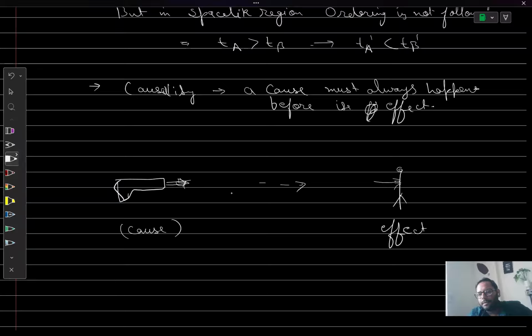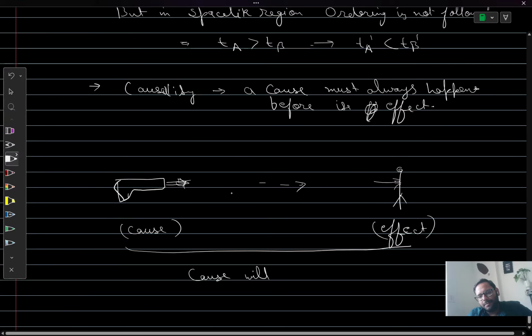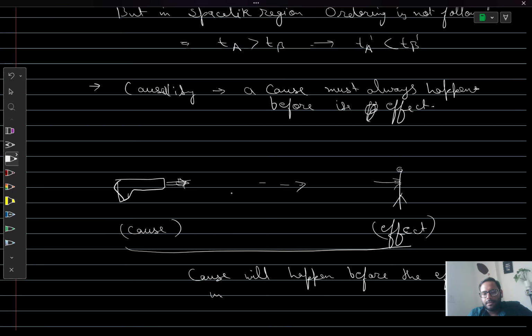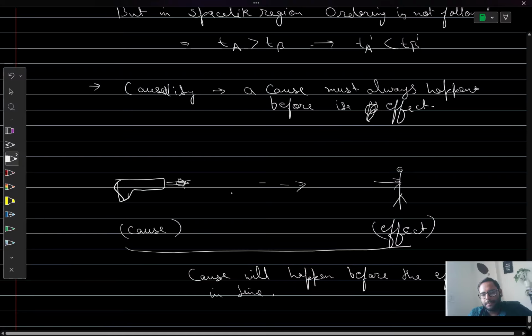So in the time-like region, this will always be followed: all causes will happen before the effect.